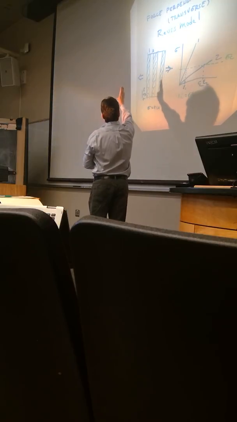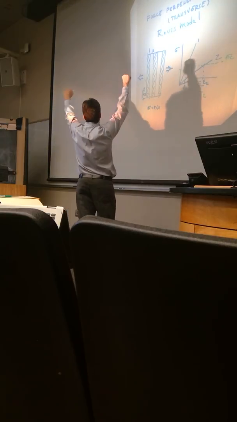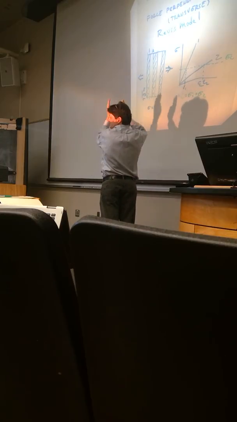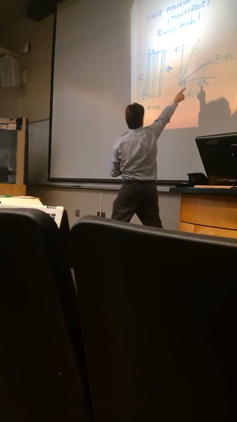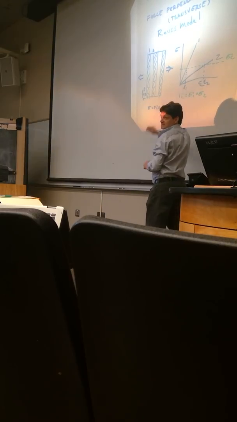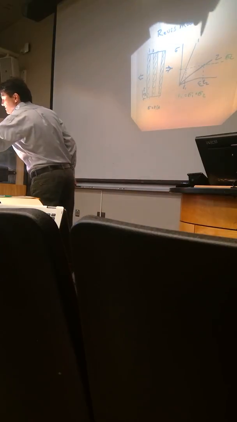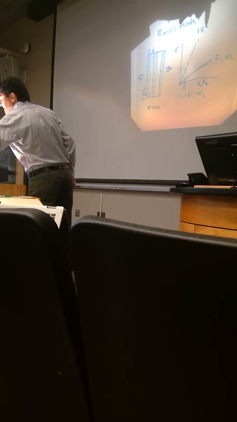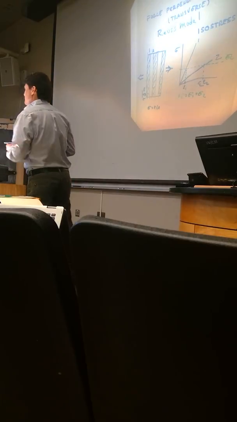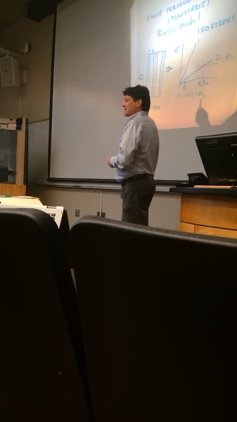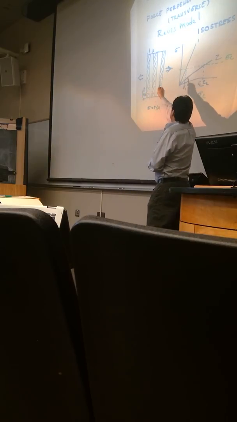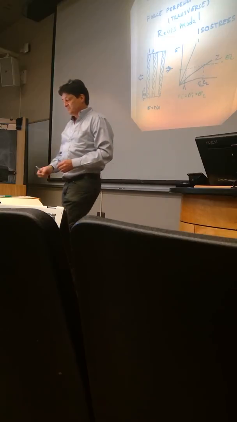If this was a stiff spring and this was a soft spring, you pull on it this way, the soft spring is going to stretch more for a given force than the stiff spring. Higher strain in 2 than 1. Okay. This is what's also known as an isostress model. Okay, it's the same stress across here, but you get different strains.